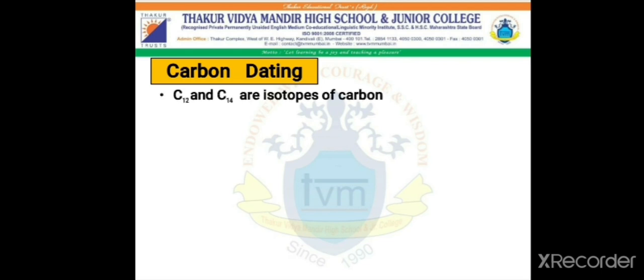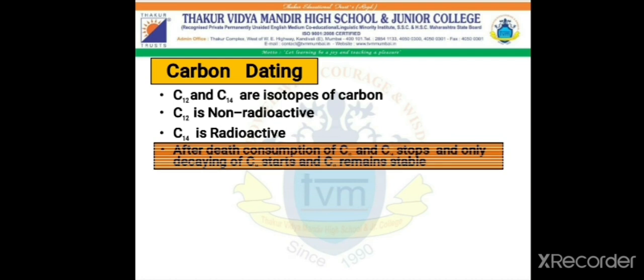Carbon dating. Our body contains C12 and C14, which are isotopes of carbon. From that, C12 is non-radioactive and C14 is radioactive. After death, the consumption of C12 and C14 stops and only the decaying of C14 starts, while C12 remains stable.